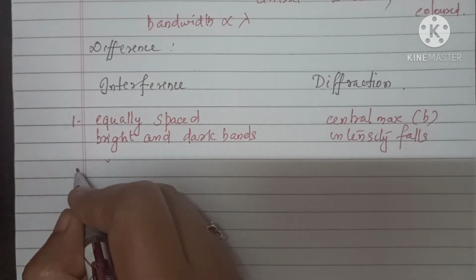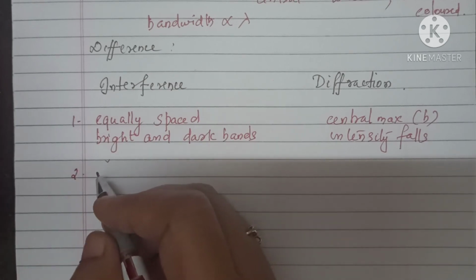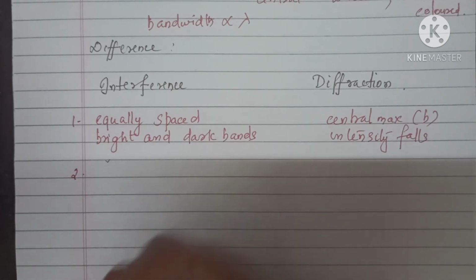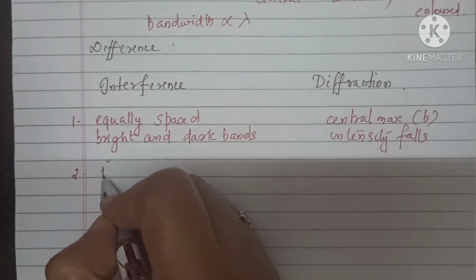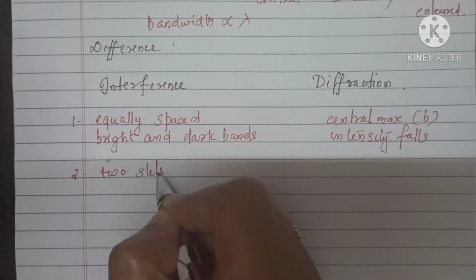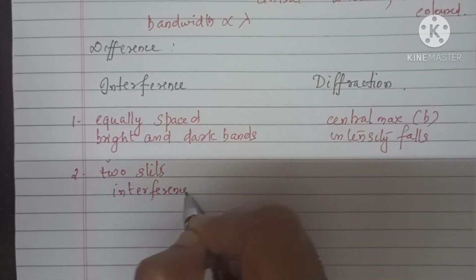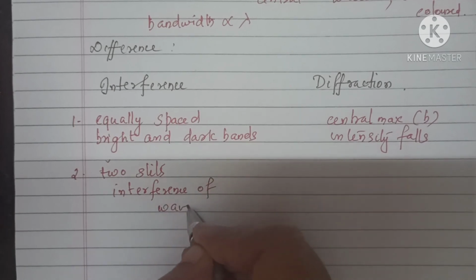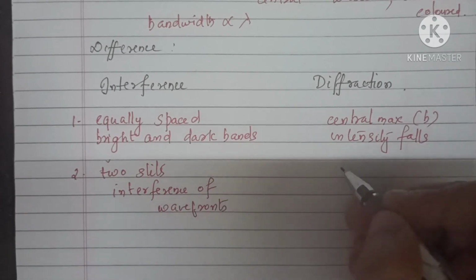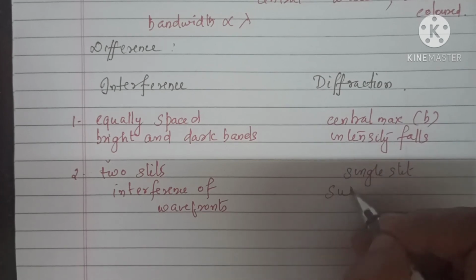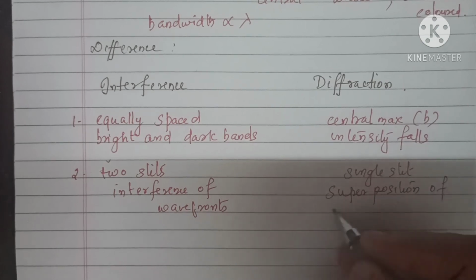Then I told that interference is actually the superposition of the wave fronts from two slits. Clear? That is, from two slits, the interference or superposition of wave fronts. Here we are using a single slit, and it is actually the superposition of the secondary wavelets originating from each and every point of that source.